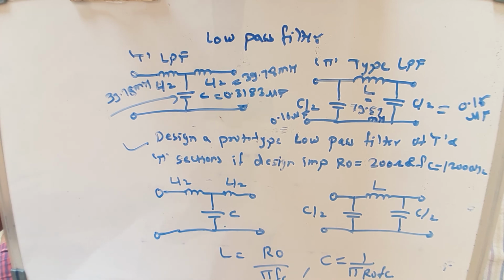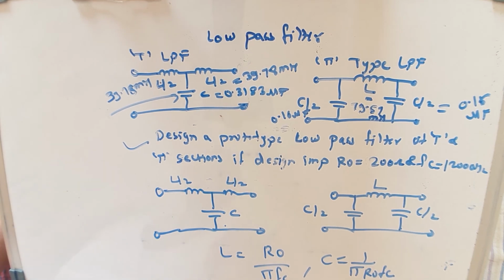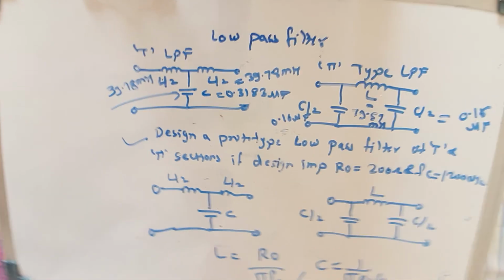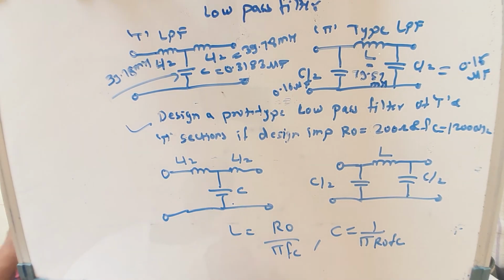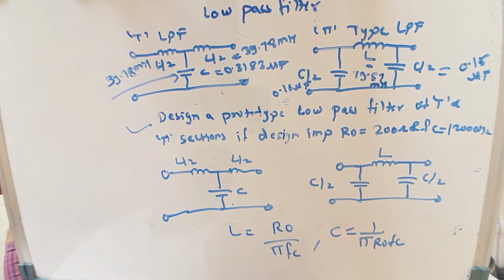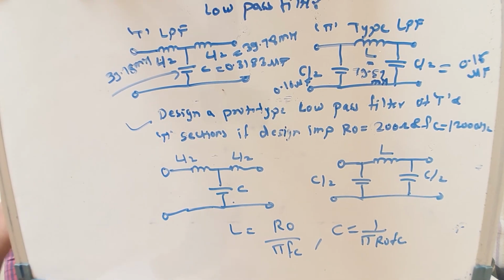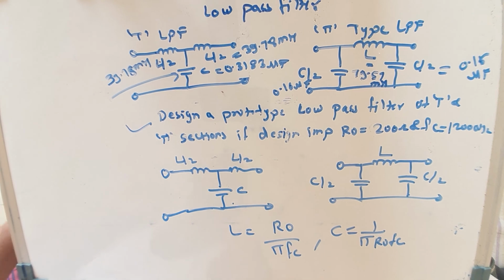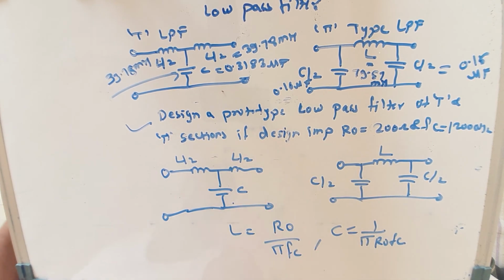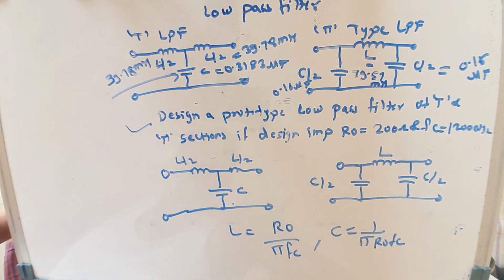We also saw the formula for the inductor value of a low pass filter in terms of R0, the design impedance, and FC, the cutoff frequency: L equal to R0 divided by pi FC, and C equal to 1 upon pi R0 into FC. Like this, you should design the prototype low pass filter of T and pi type if design impedance R0 equal to 200 ohm and cutoff frequency is 12,000 hertz.